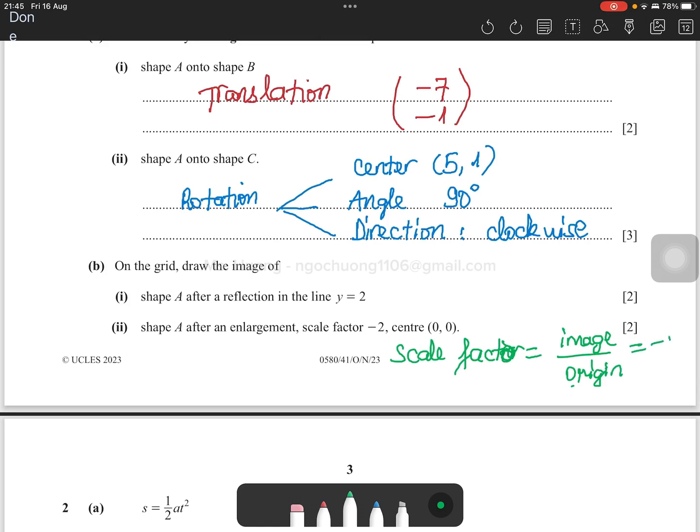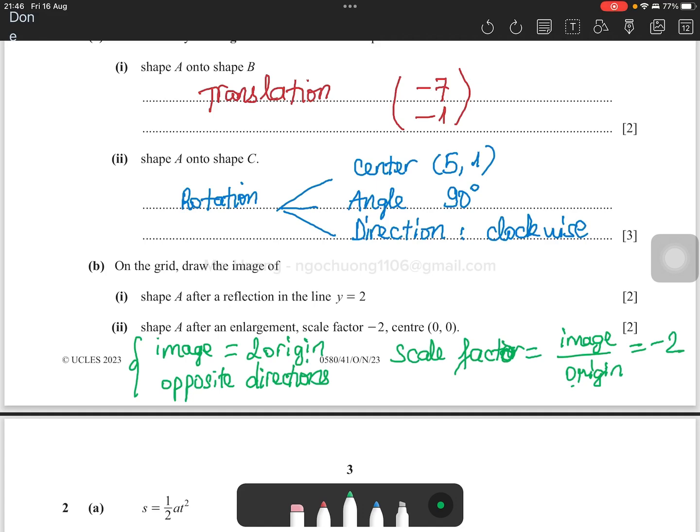And if it is -2, this means two things. First, the image will be twice of the origin. Next, the image and the origin will be in the opposite direction. Opposite directions.